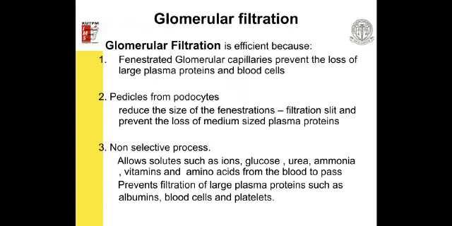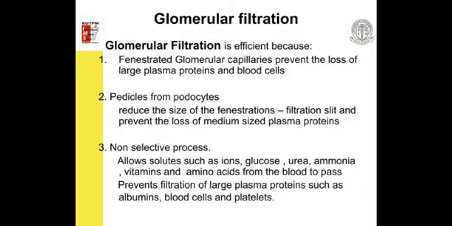It's efficient because of the fenestrated glomerular capillaries, which prevent the loss of large plasma proteins with a molecular weight of more than 60,000. That's the reason albumin is not filtered. If albumin is filtered, it indicates the onset of renal failure. The podocytes reduce the size of the fenestrations, and the filtration slit prevents the loss of medium-sized plasma proteins.